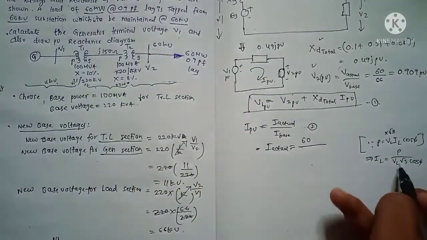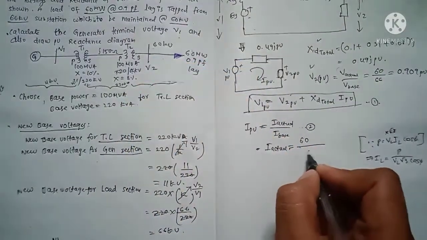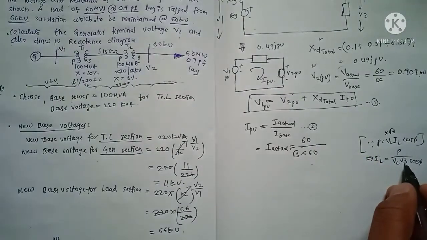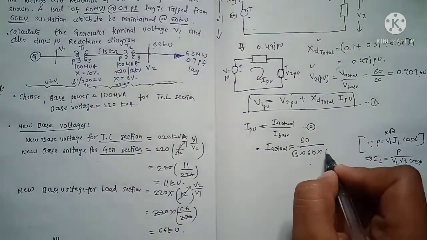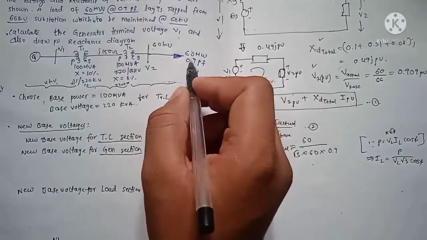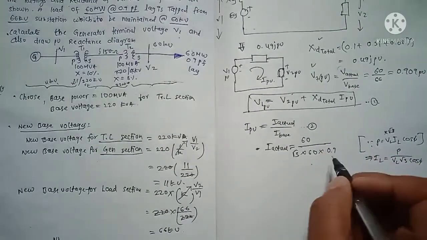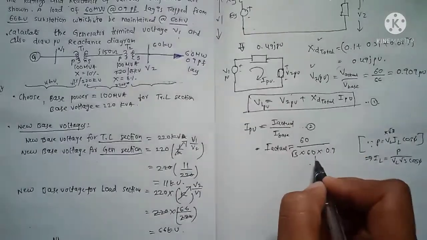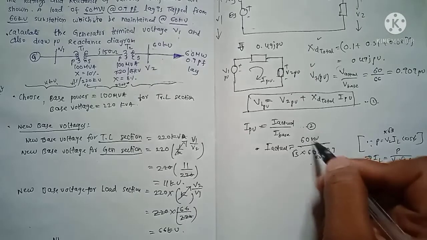Then the voltage of this section, that is 60 kV, multiplied by root 3 into cos phi. The power factor is given as 0.9, so cos phi is equal to 0.9. Since this is 60 kV and this is MW, we need to convert from theory.